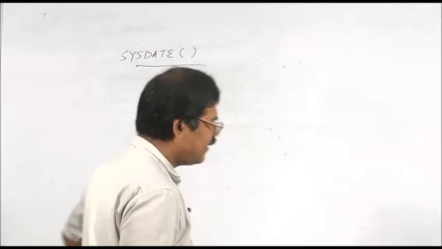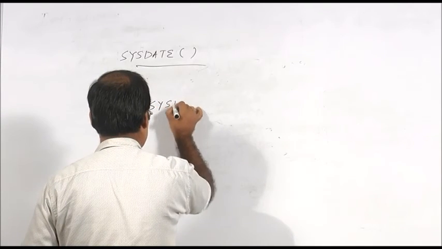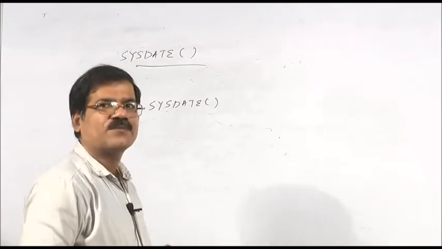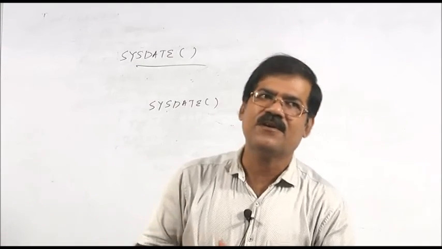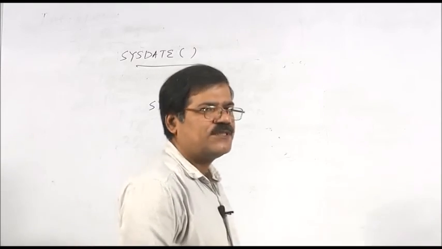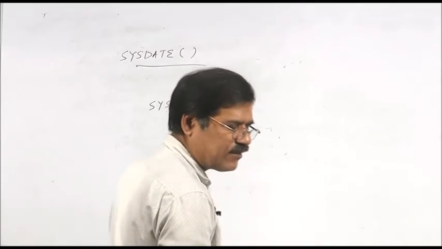Suppose you write sysdate. Where to write? In the MySQL command prompt. If you write sysdate, it will show you the output in date and time format. So what is your output?